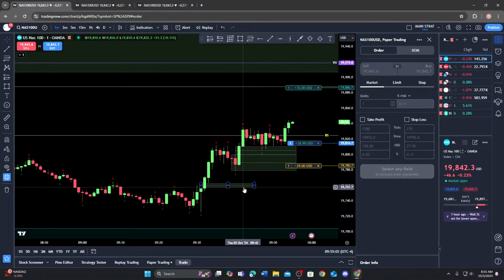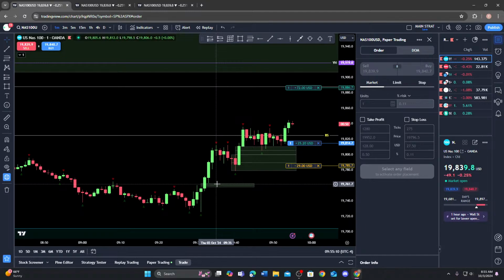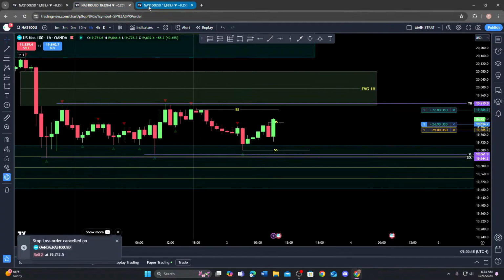Now, I do have a model. Basically, the model is just trading off the first fair value gap of the day that is formed.